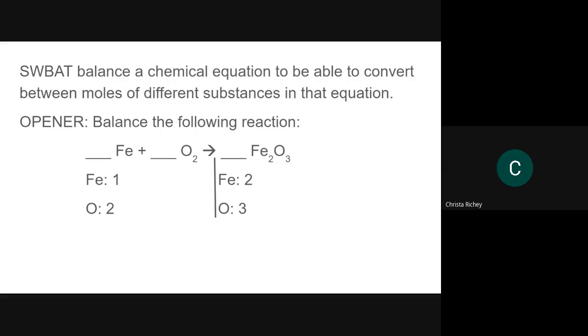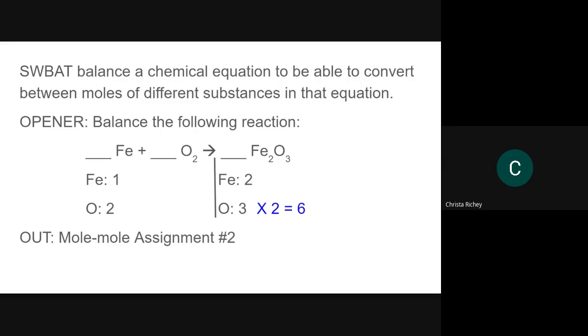If I have 2 on the left and 3 on the right, what is the common number going up that they both share? 6. More often than not, if you just multiply 2 values together, that's going to give you the most common. So on the right, I'm going to do 3 times 2, and on the left, I'm going to do 2 times 3.